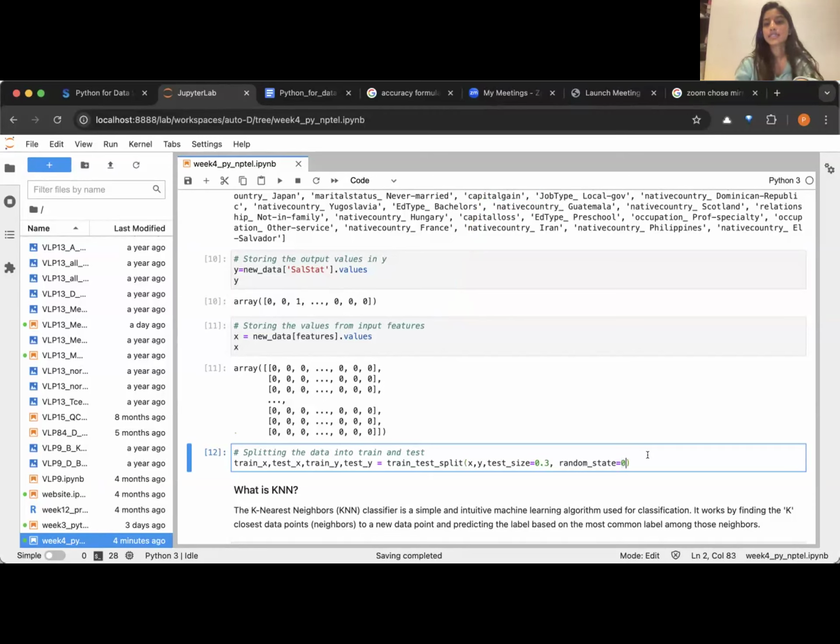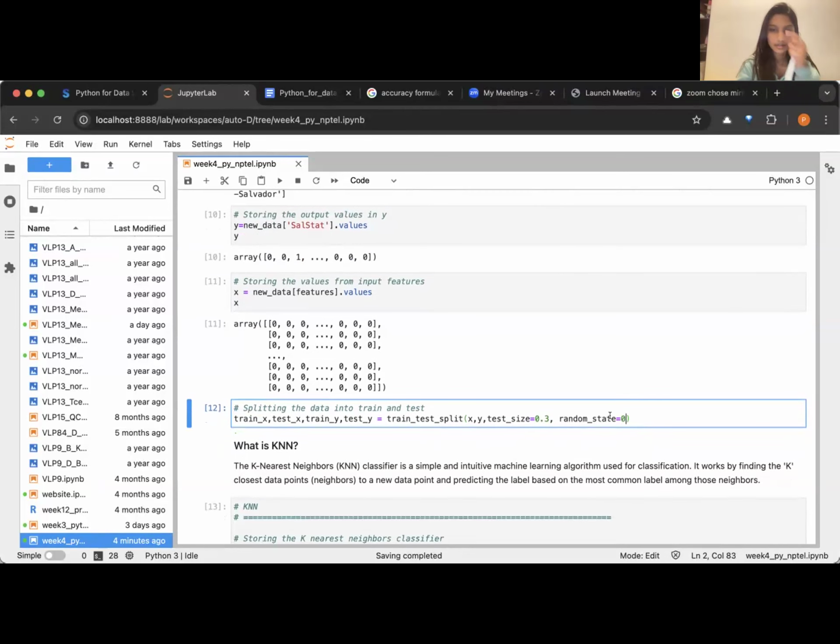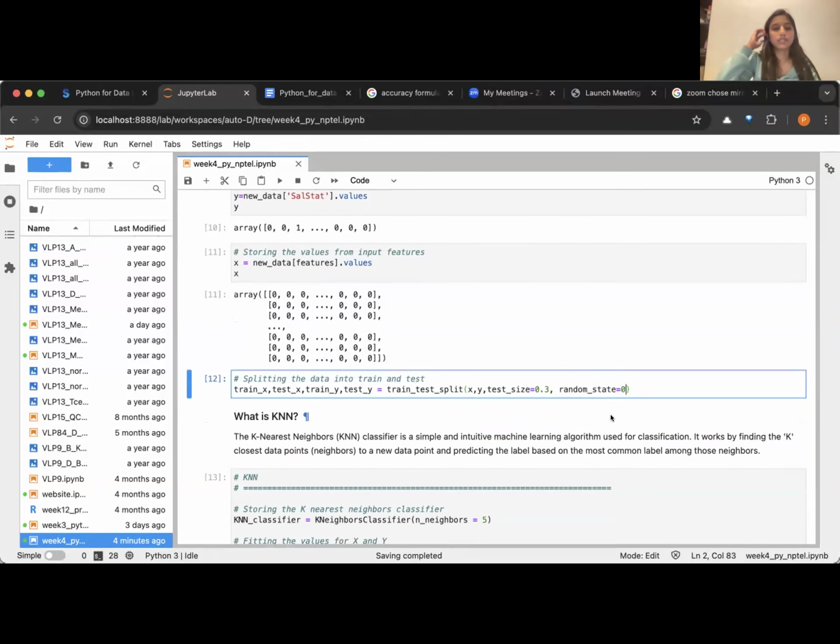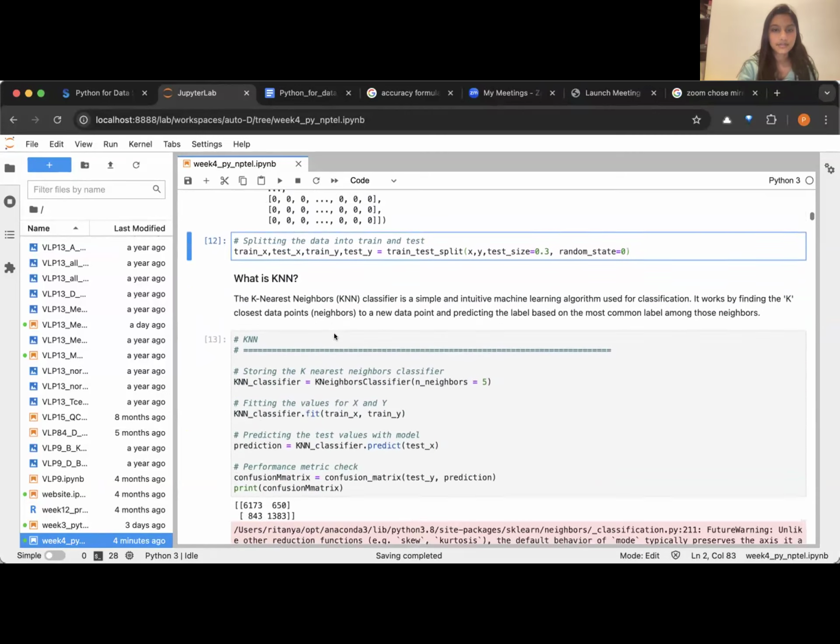But if I specify a different random state, like 5, then rows 5, 8, 9 might go into the test. So random state is just for reproducibility, so that when I run it multiple times, the same data goes into the same categories.